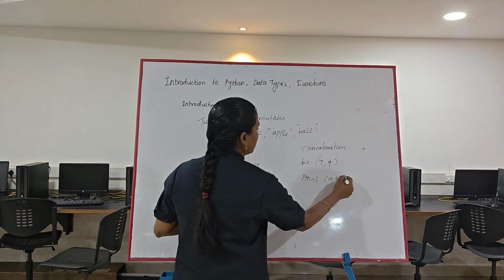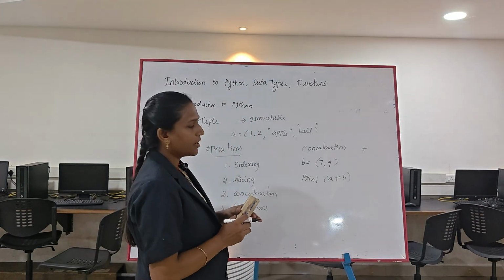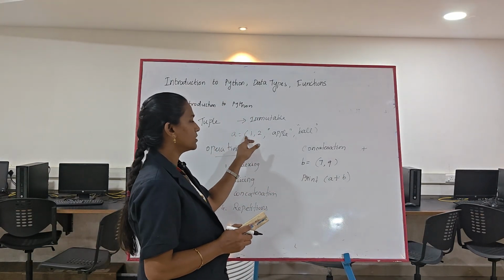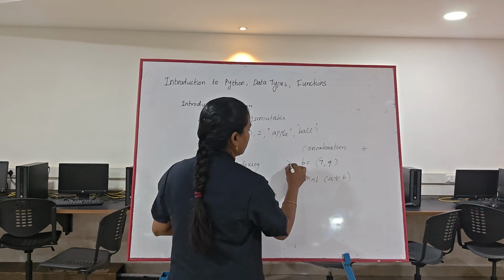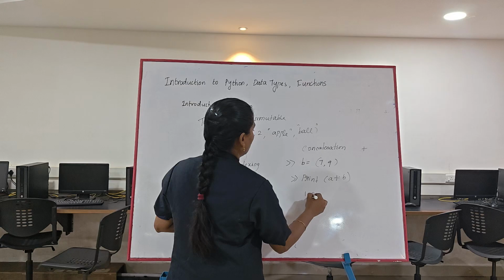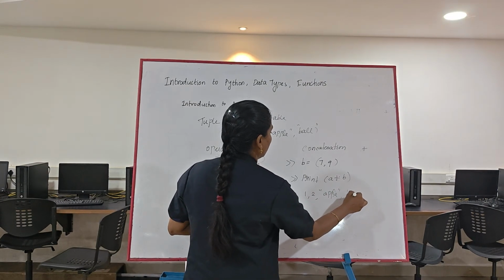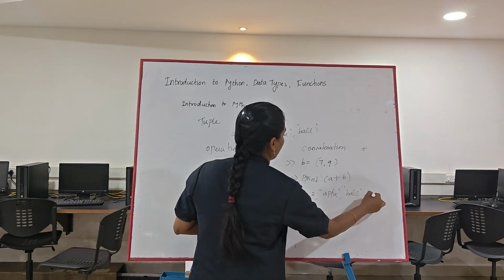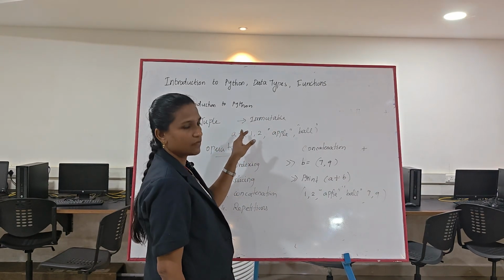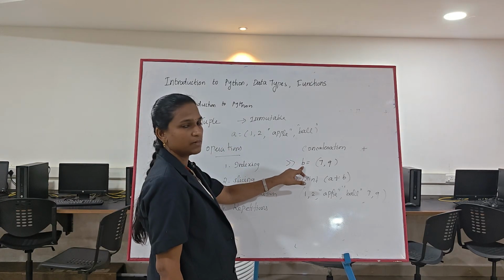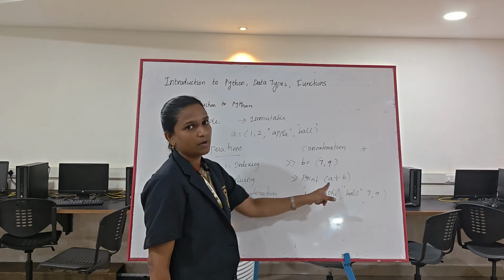Print A plus B. So we are going to combine the two tuples A and B. What is the value in A? 1, 2, apple, ball. So now the output is 1, 2, apple, ball, 7, 9. This is the output. We are combining two tuples. The first tuple is A and the second tuple is B. So when we are combining, at the end of the first tuple, the second tuple will be added.